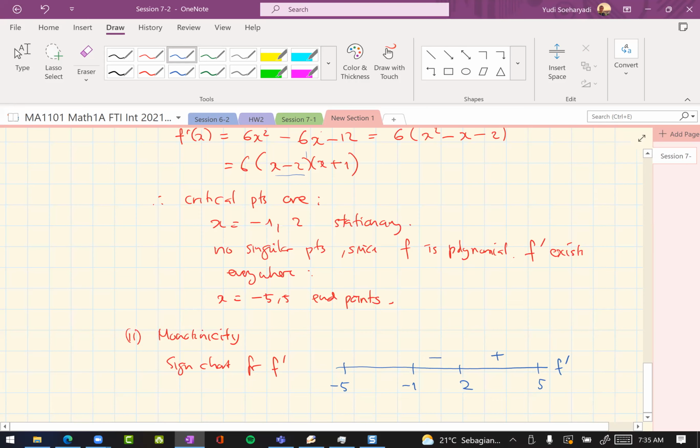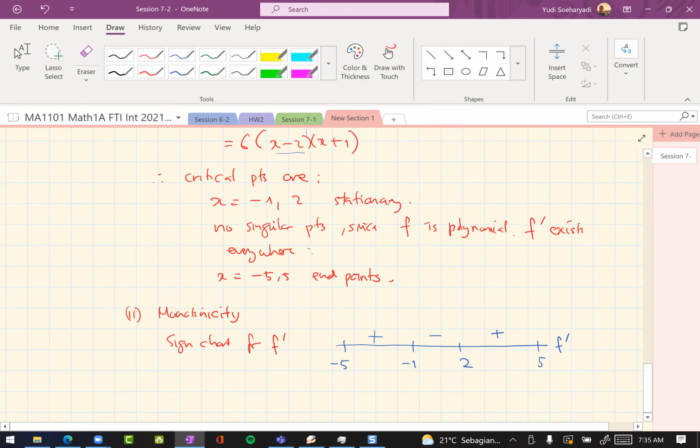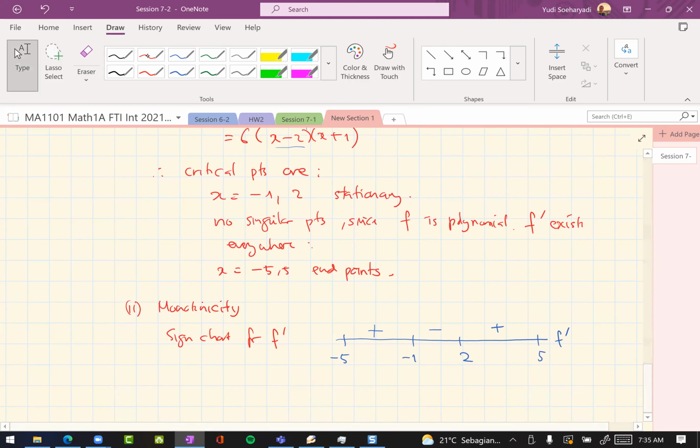Across -1, this also has power 1, so it changes the sign. Because the sign of the derivative has to do with monotonicity, it goes up here, down here, and up again.